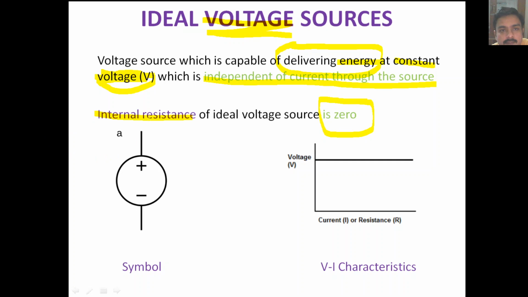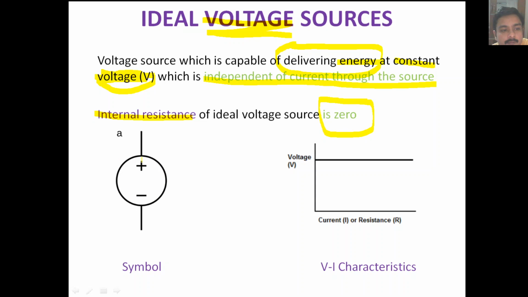Now as far as the symbol of an ideal voltage source goes, the voltage source is represented by a circle. We need to keep in mind that we cannot choose any arbitrary shape. We have to keep the shape as circular, and that is a convention.